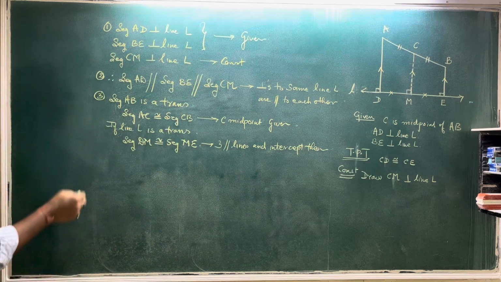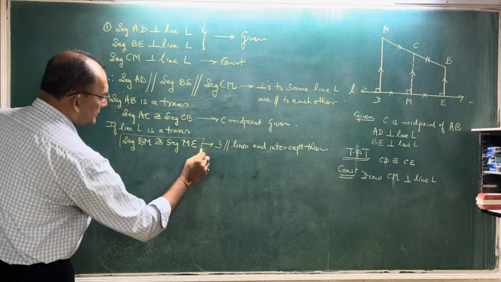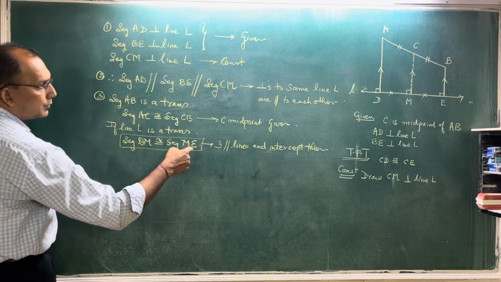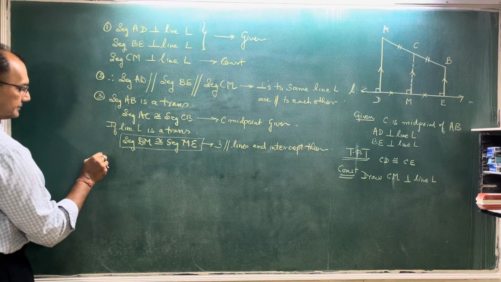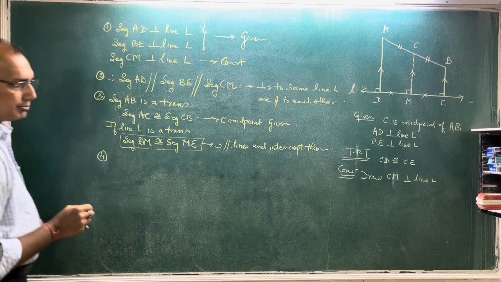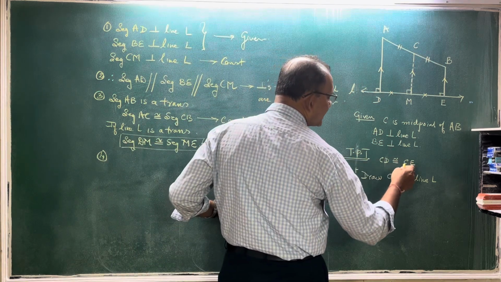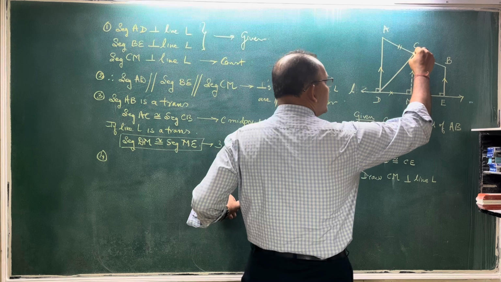Okay, so I got some good information which I can use further. I'm putting it in a box: DM congruent to ME. Now let's enter inside a triangle. I have not drawn that part yet, because my aim is CD congruent to CE. So now I'm connecting CD with CM.